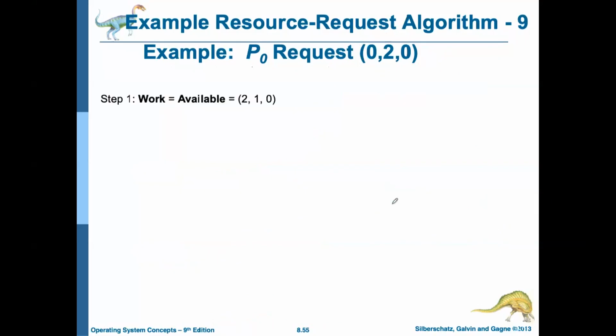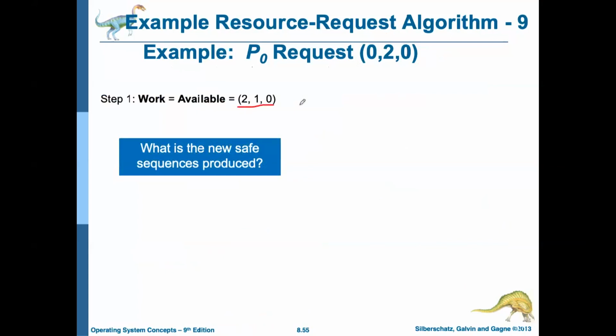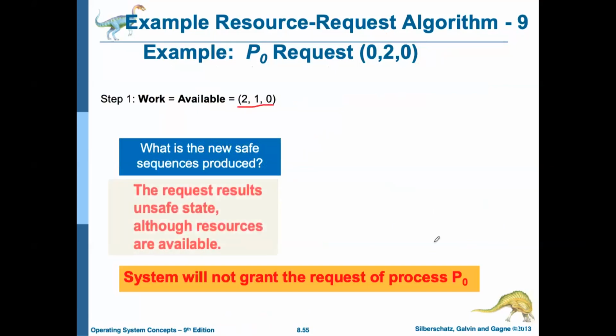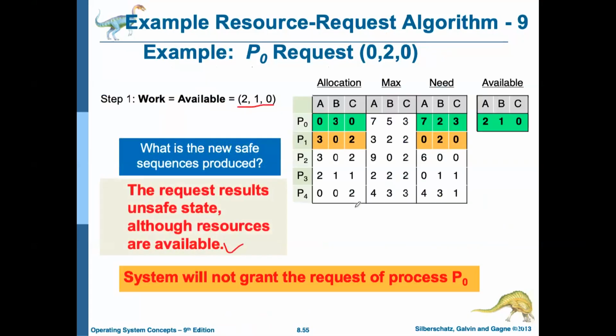So step 1, work equals available, which is 2, 0, 1. And then what is the new safe sequence produced? The system will not grant the request of P0, and the request results in an unsafe state, although resources are available. And then we look here at available for P0.